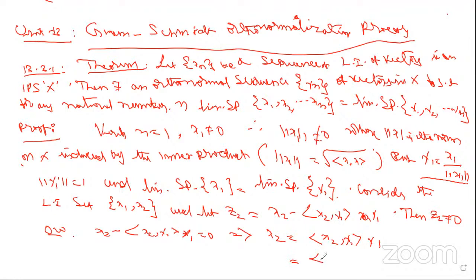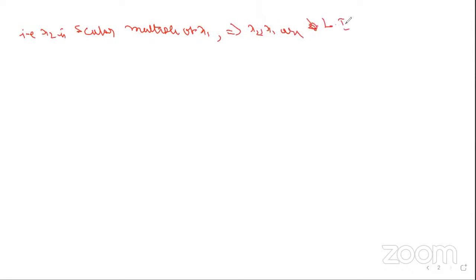Substituting that in the inner product of x2 comma y1, that means x2 is a scalar multiple of x1. But x2 and x1 are linearly independent, which is a contradiction.